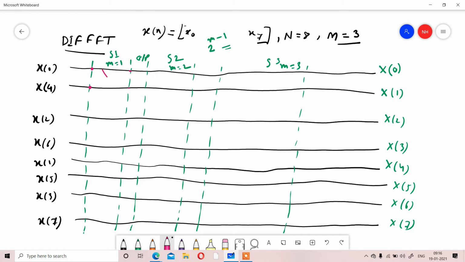So for the first 2 bits, that will be your first butterfly, and then the first 2 bits have been used, that is x0 and x4 have been used. So we have to start from x2, and x2 will be connected to the next bit. In that way, in the first stage you have to design all the butterflies. These are the 4 butterflies you will get in stage 1.